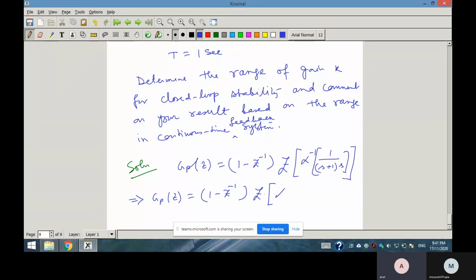So to get the Laplace inverse, you can do partial fractions. What is it if you put S equal to 0? It will be 1, and if you put S equal to minus 1, it will be minus 1.